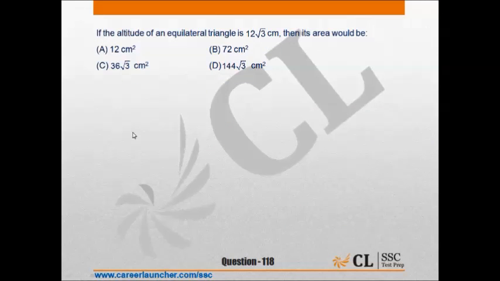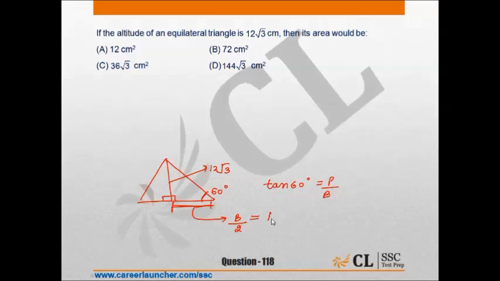The question is, if the altitude of an equilateral triangle is 12 root 3 centimeter, then its area would be. We have an equilateral triangle whose altitude is given as 12 root 3. The angle at this vertex would be equal to 60 degrees. Now using tan 60 equal to P by B, we get half of the base as 12 centimeter.